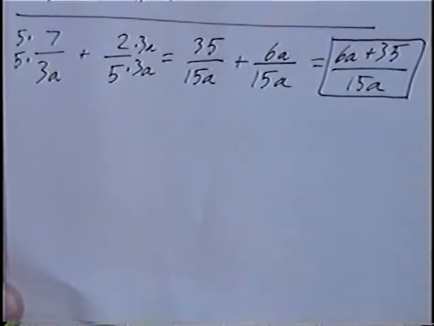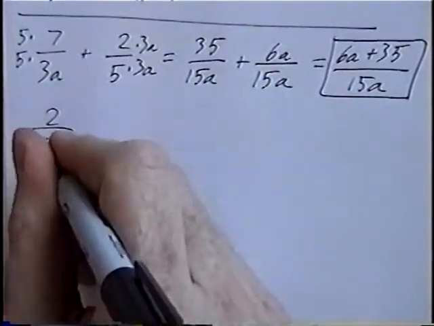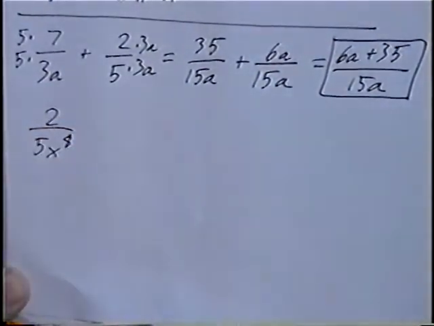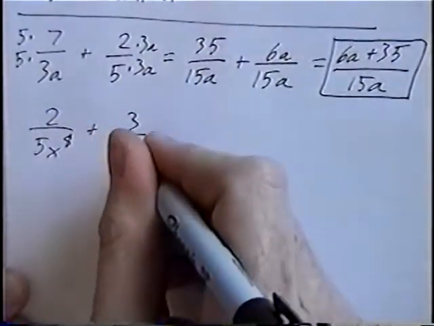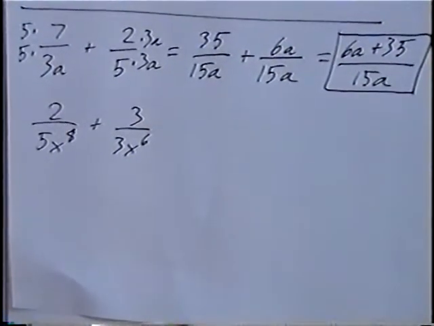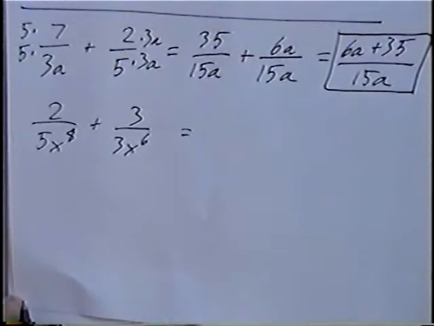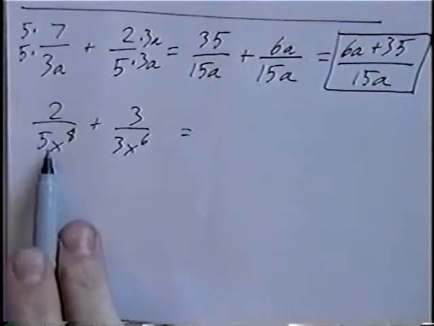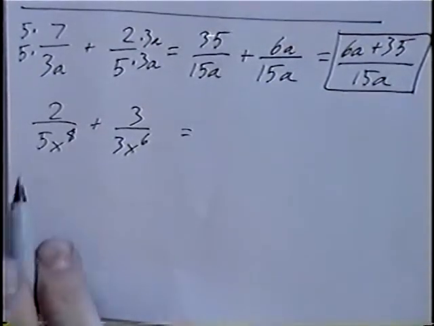Next question, which is the last question for the section. 2 over 5x to the 8th power plus 3 over 3x to the 6th power. Again, before we add fractions together, both denominators must be the same. If we do the coefficients, 5 and 3, our common denominator would be 15.